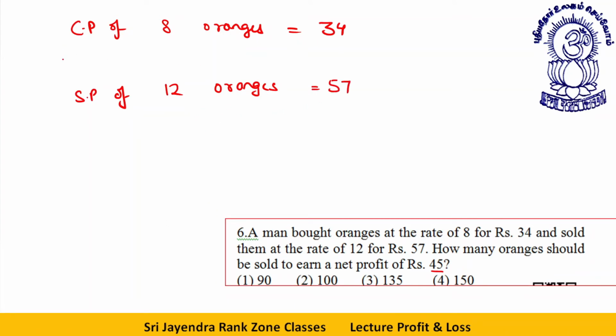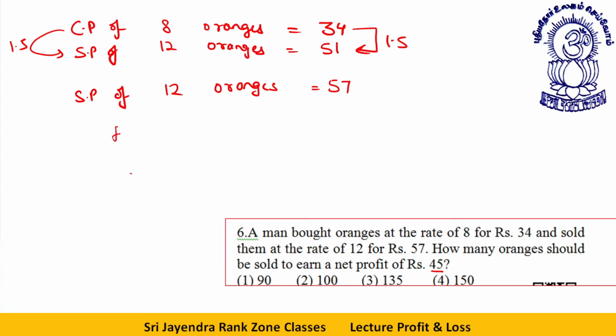Either you can take the LCM or you can just multiply this by 1.5. If I multiply this by 1.5, I'll get the SP of 12 oranges. I will have to multiply the CP also by 1.5, which gives 51 rupees.